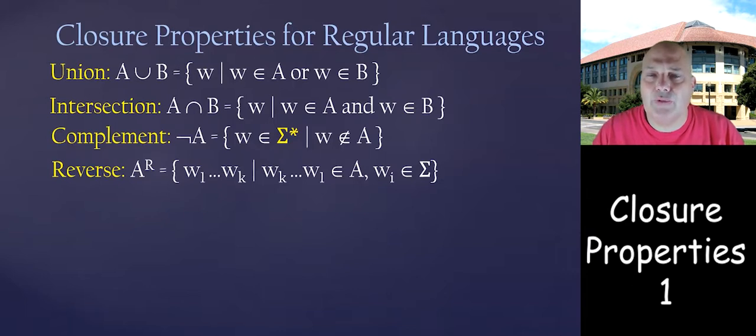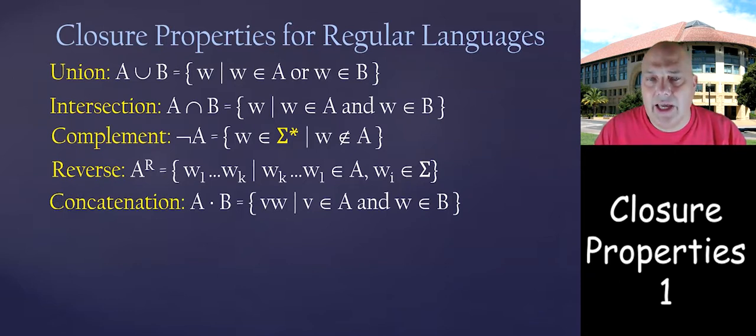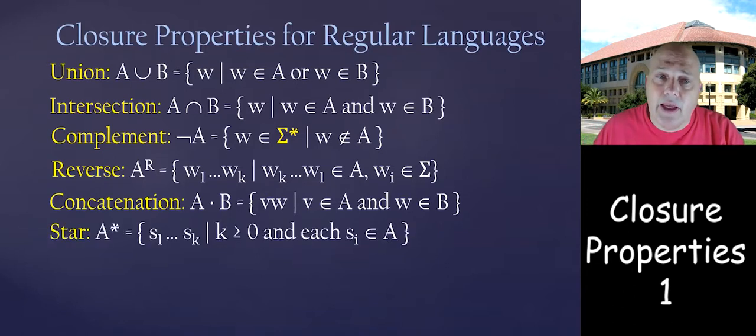So W1 up to WK is in the reverse of A if WK to W1 is in A. Concatenation, A concatenated with B, just says that it's a concatenation of words VW, where V is in A and W is in B. And the Kleene star, A star, is the concatenation of S1 up to Sk, where K is larger or equal to 0, where every Si is in A. So now that we can talk about concatenation of 0 strings, A star always includes the empty string.